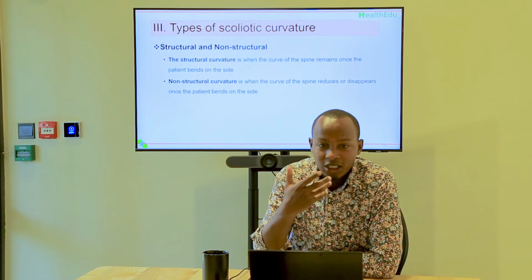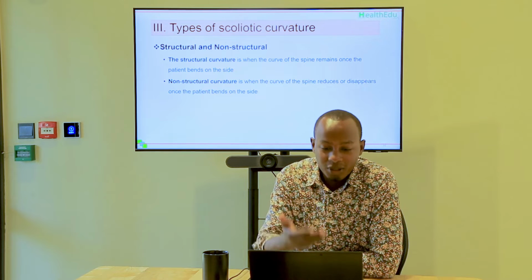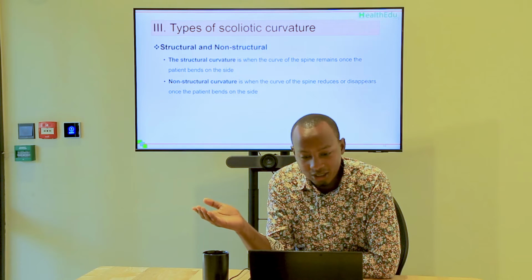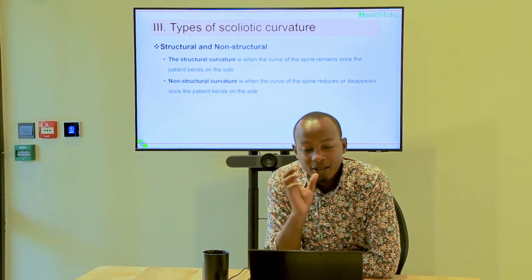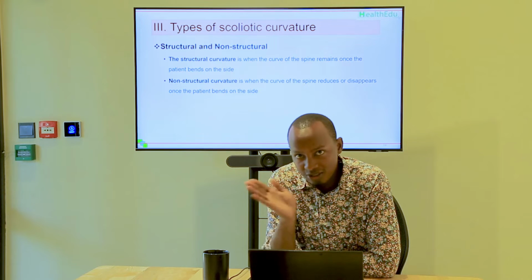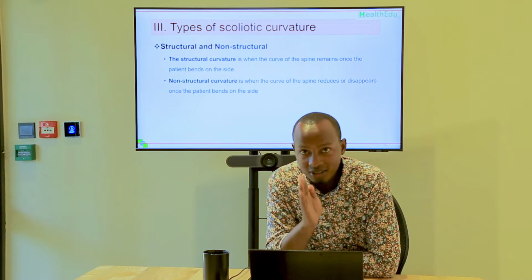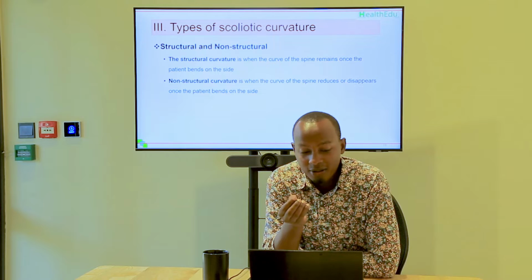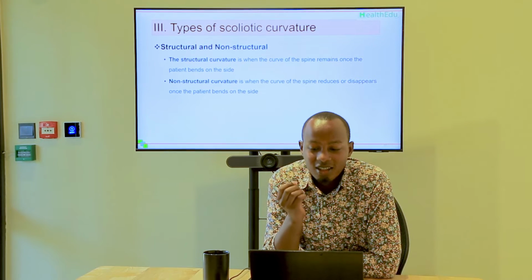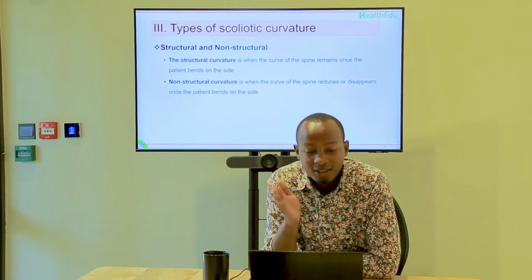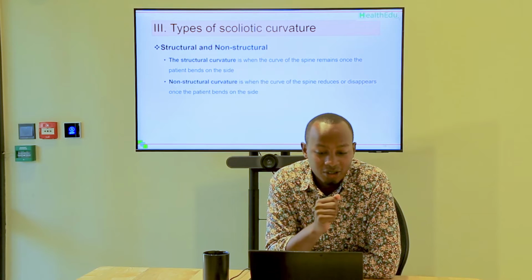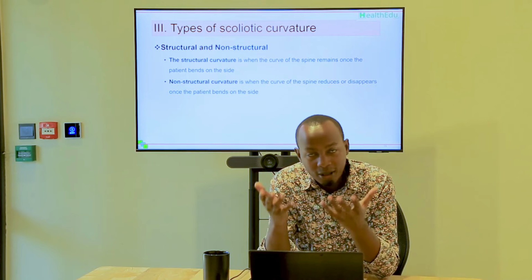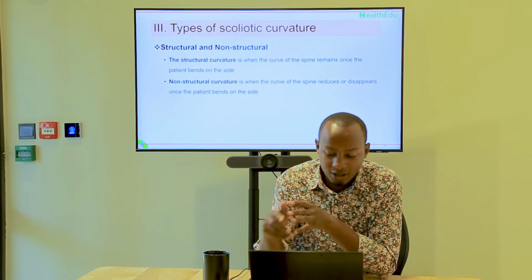So for example, you assess the patient, he bends, and when he reaches the lateral side, and that curvature is remaining, it doesn't correct itself, it means that it's a structural curvature. But if it reduces, it means that's a non-structural curvature or a functional curvature.